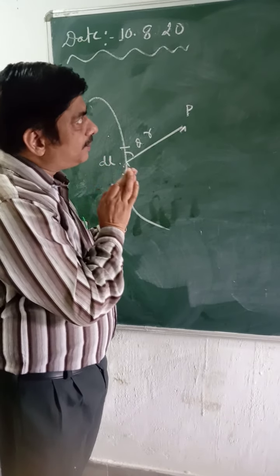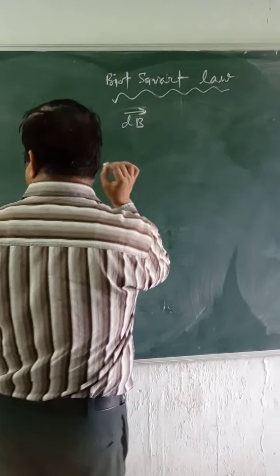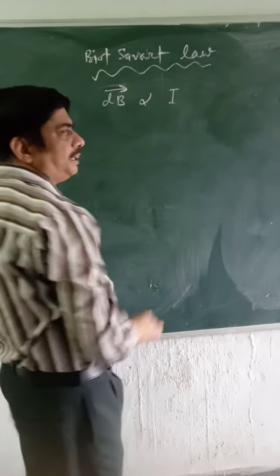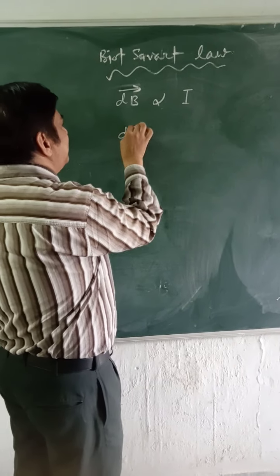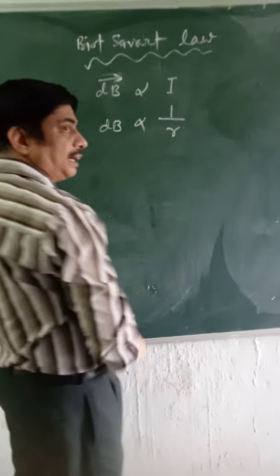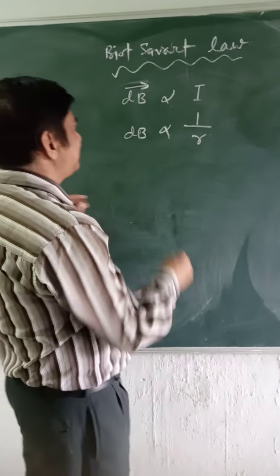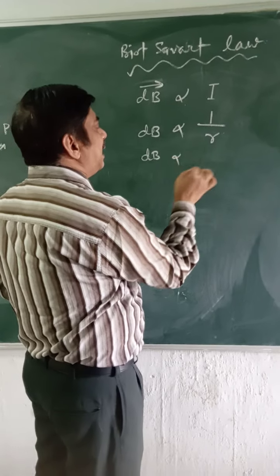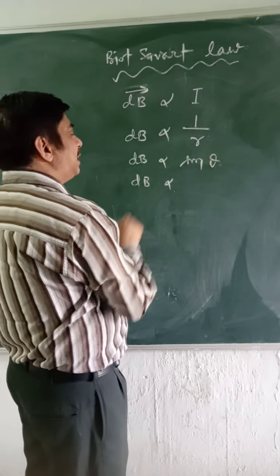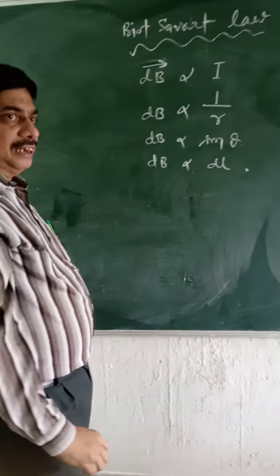So what is the observation of Biot-Savart? Biot-Savart said that this magnetic field is directly proportional to the amount of current. It is directly proportional to 1 upon r, meaning as the distance increases, the magnetic field decreases. This dB is directly proportional to sine theta, and to the length of the current element dl.